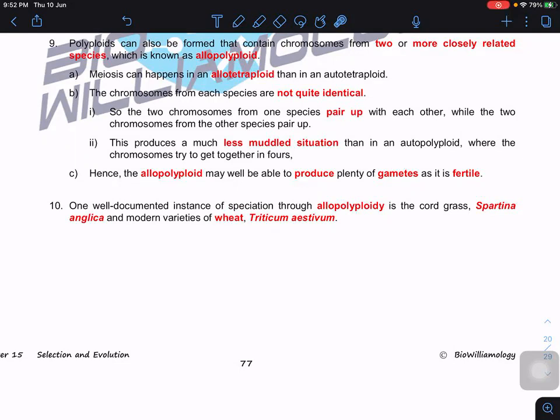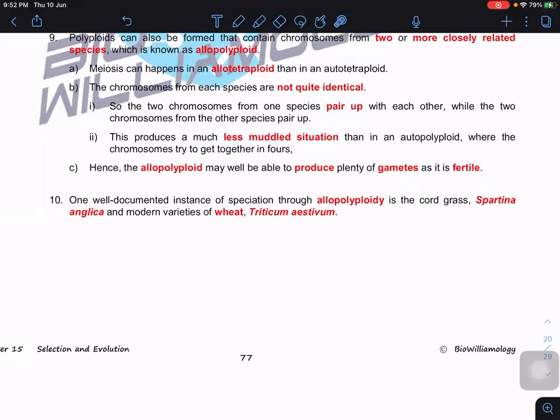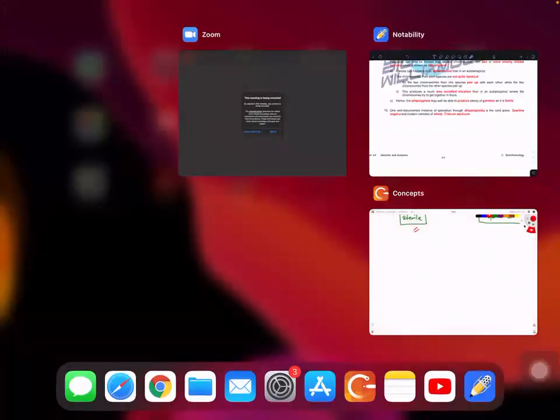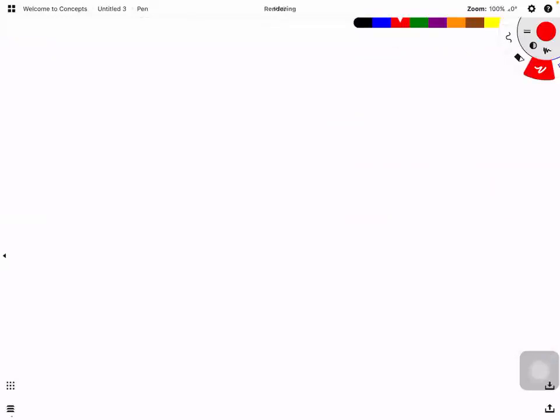Okay, so we're going to look at this now. What it means by Spartina anglica and how this Triticum aestivum, the wheat, actually has allopolyploids. Okay, so we continue with this. Now, whatever I explain here, I will use a very simple way to explain.